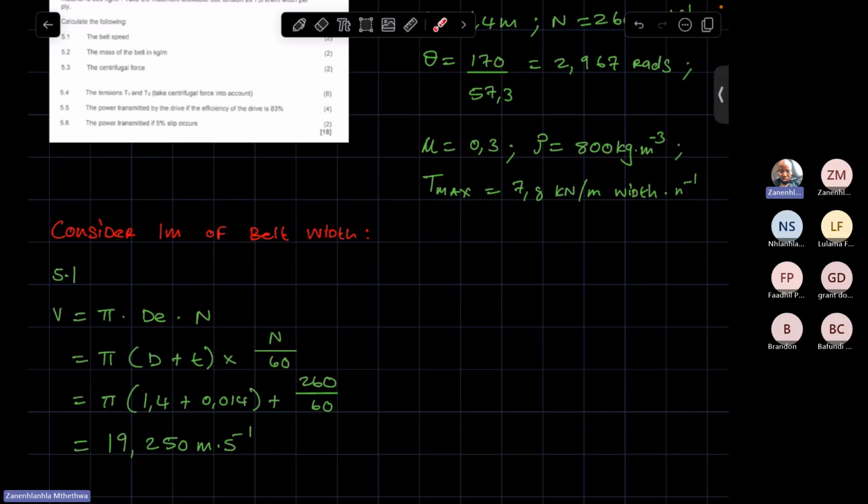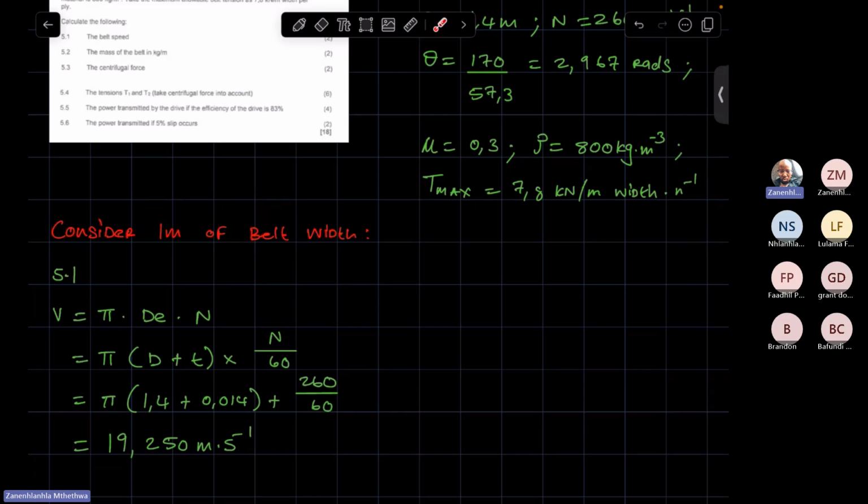So even if the velocity is, say, less than 12 meters per second, in which case you wouldn't consider centrifugal tension, if you are told to do so, then you must consider centrifugal tension.